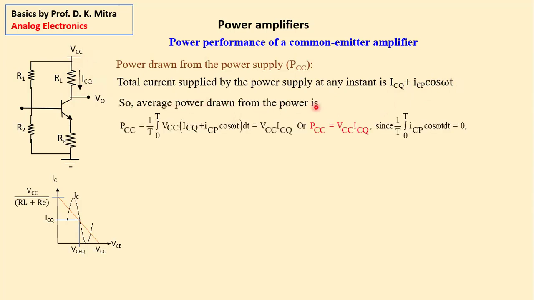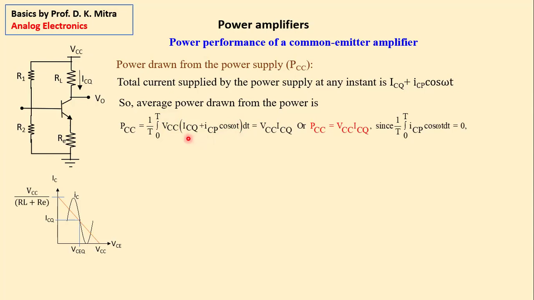What is the average power drawn from the power supply? It is voltage V_CC multiplied by this total current, integrated over a period of time and then averaged. This is a theoretical representation, and I always think you should understand it properly without going by a shortcut method.